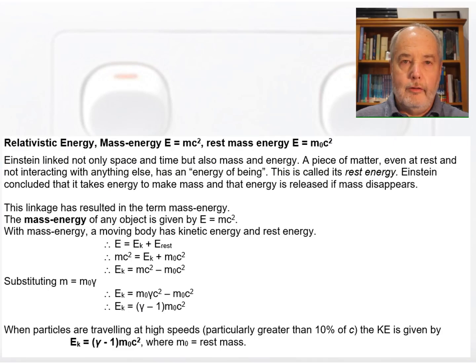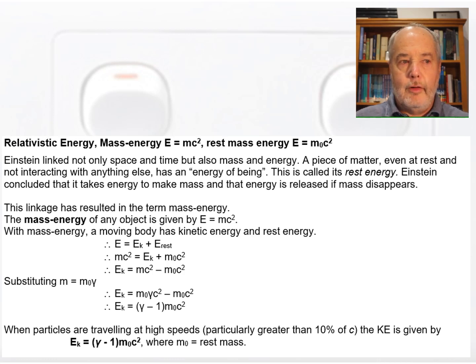Einstein not only linked space and time together, he linked mass and energy. This gives us an equation for the mass energy, which is mc squared is equal to the kinetic energy plus the rest mass energy. The rest mass energy is given by E is equal to m naught c squared.